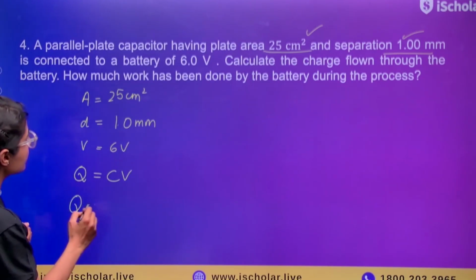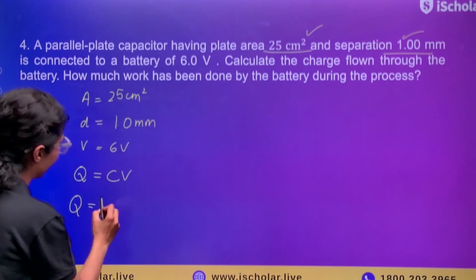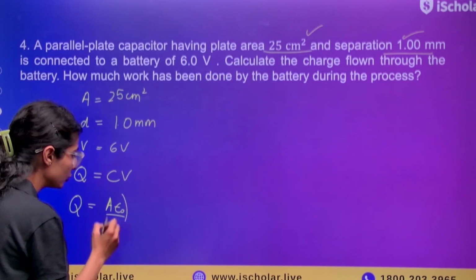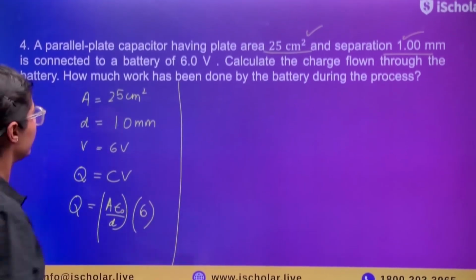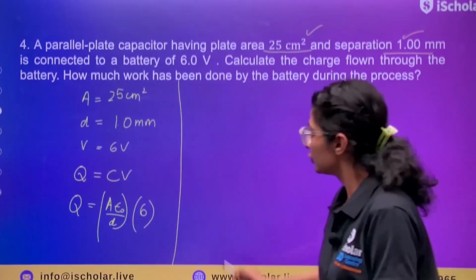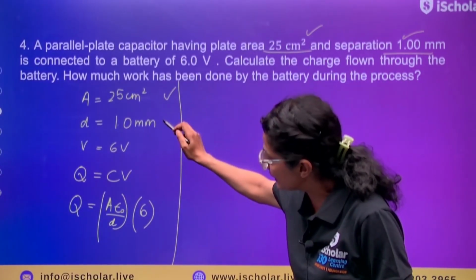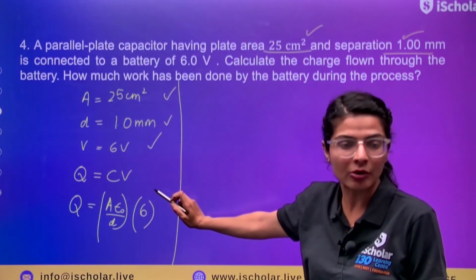The capacitance value would be A epsilon naught by D into the potential value, which is 6. So A is given, area is mentioned, D is mentioned, potential is mentioned, and epsilon naught is a constant whose value we know.